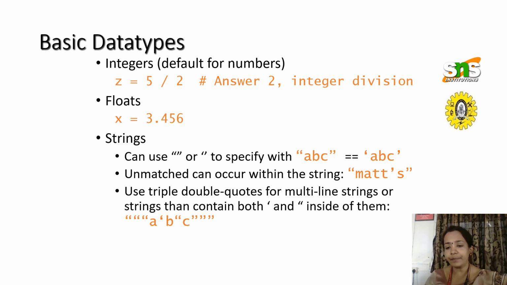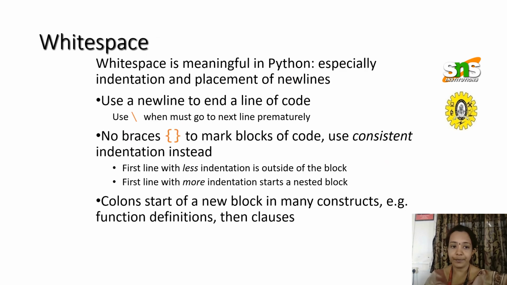So if I want to use double quotation and single in the same line, then I have to use backslash. These are the main data types which are available in the Python programming language.